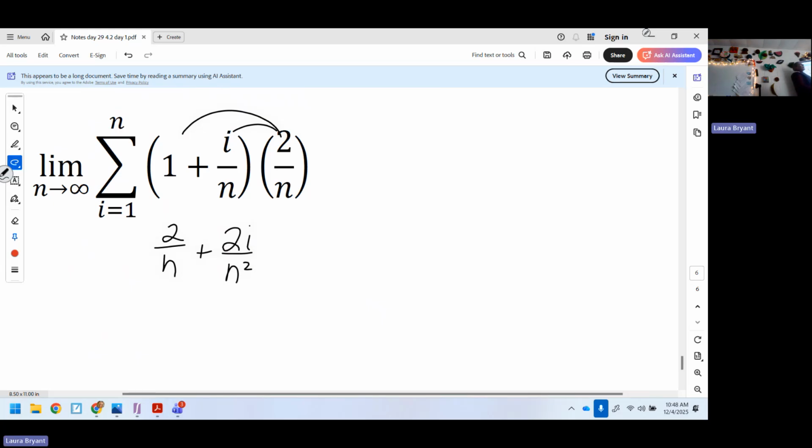When I break apart, anything that is an i stays in, and anything that's not moves out front. So I'm going to have the limit as n goes to infinity of 2 over n, summation of 1, plus 2 over n squared, summation of i.